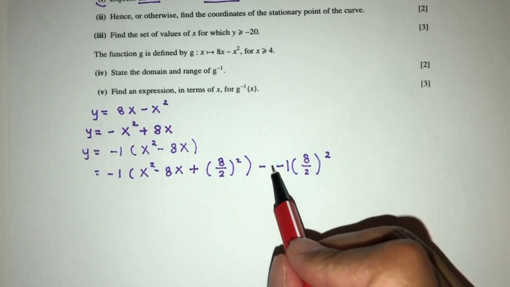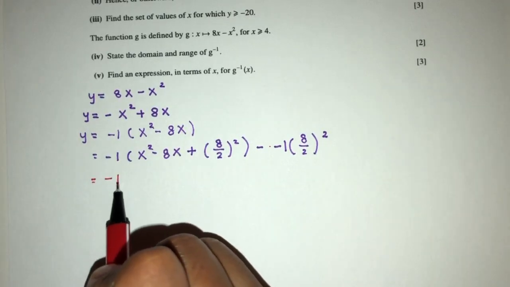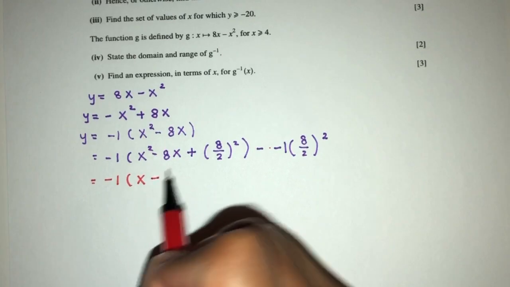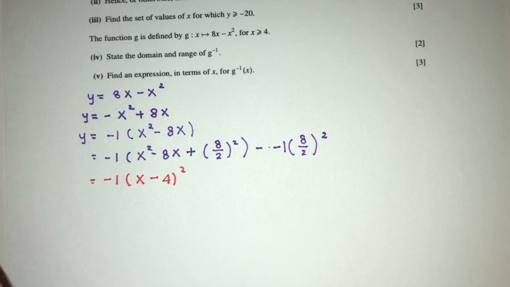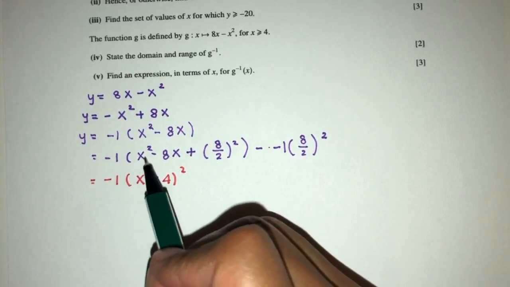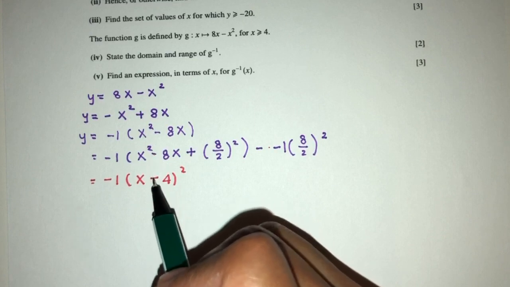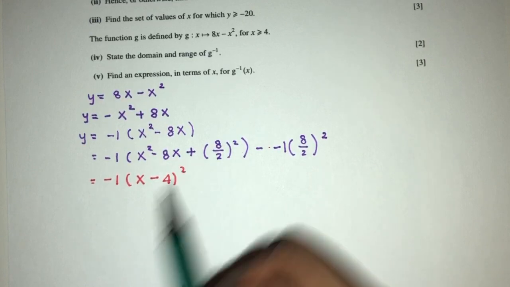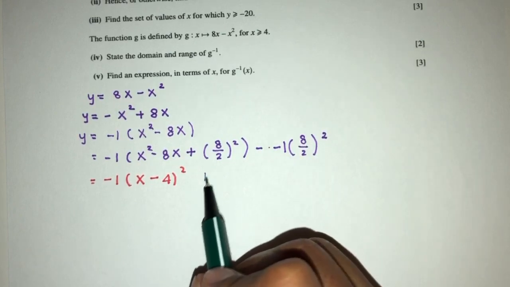Now let's see how this simplifies. That will be minus 1, here we have x, and here we have minus, here we have 4, and that will be this. Because we have x squared, we write x; here we have minus, we write minus; inside we have 4, we write 4; and here we have square, we write square. 4 squared is 16.